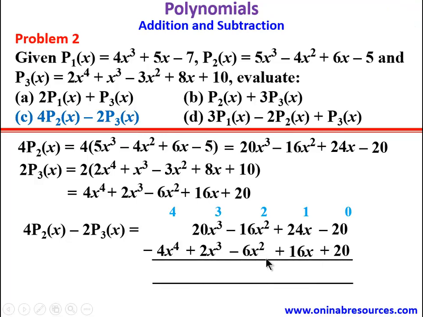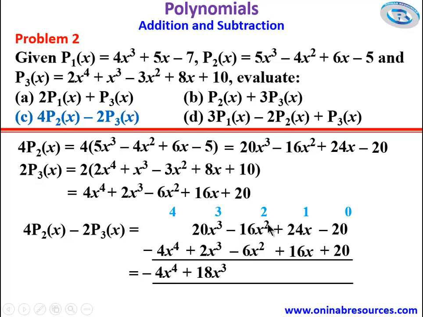Then we simplify. So we said this is as good as saying 0 minus 4x⁴, which will give us negative 4x⁴. 20x³ minus 2x³ gives 18x³. Negative 16x² minus negative 6x² is going to be as good as saying minus times minus plus.